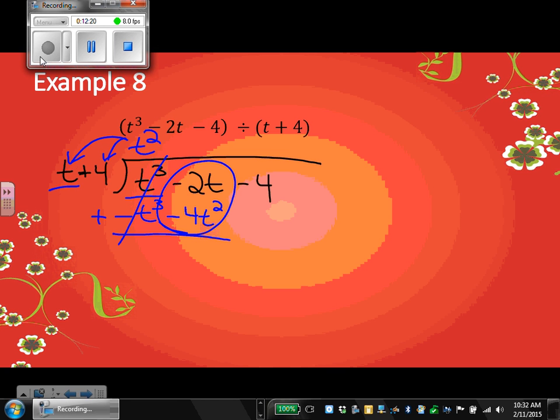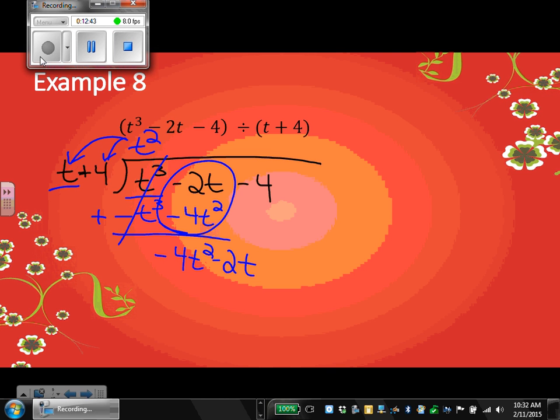Which one are we going to bring down first? The negative 4t squared, and then the negative 2t. Okay, got to bring down the largest degree first. Any questions so far? So, Lucy, I have a t. What more do I need to make this? I've got a t.